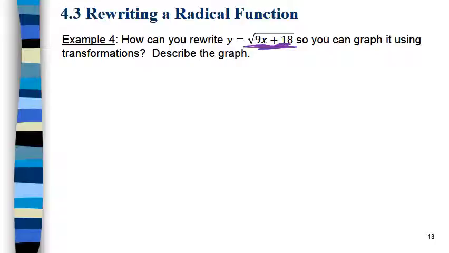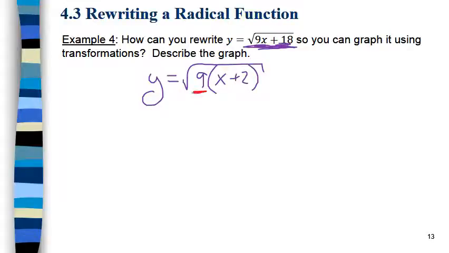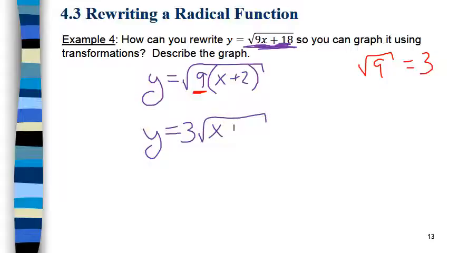If y equals the square root of 9x plus 18, we can factor out a 9, so 9 times x plus 2 is an equivalent form. And of course we can take the square root of 9, which is 3. So we can rewrite this as y equals 3 times the square root of x plus 2, and rather than talking about a horizontal stretch or compression, we can talk about a vertical stretch of 3, and then left 2.